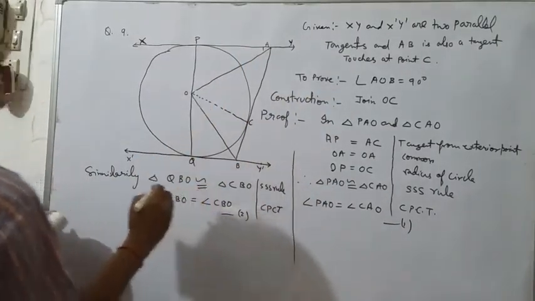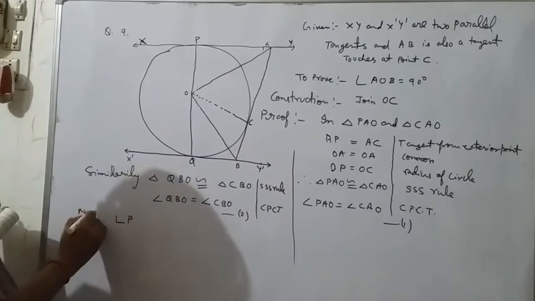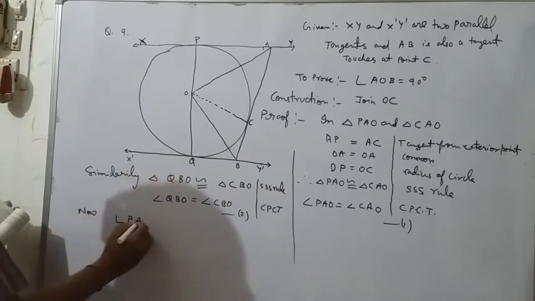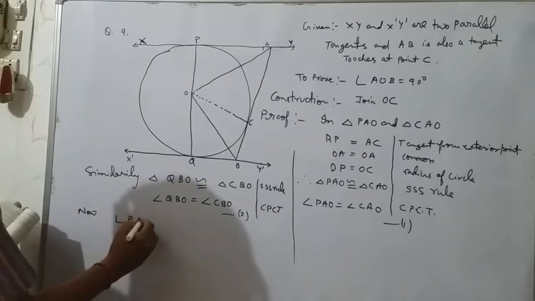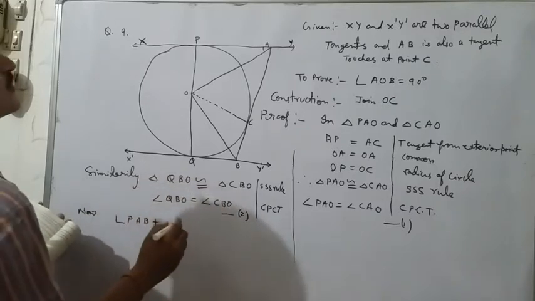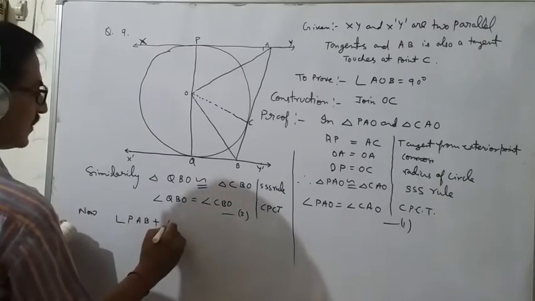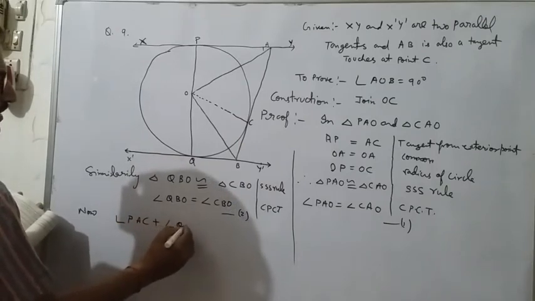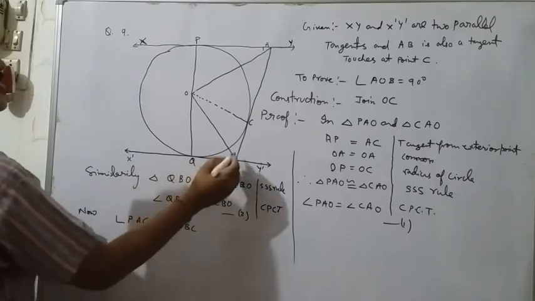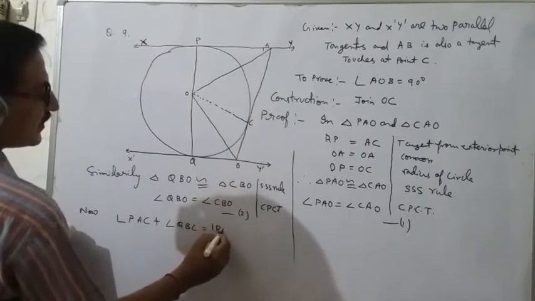So therefore angle PAC plus angle QBC, PAC and QBC, that is equal to what? That is 180 degrees. What is the reason?